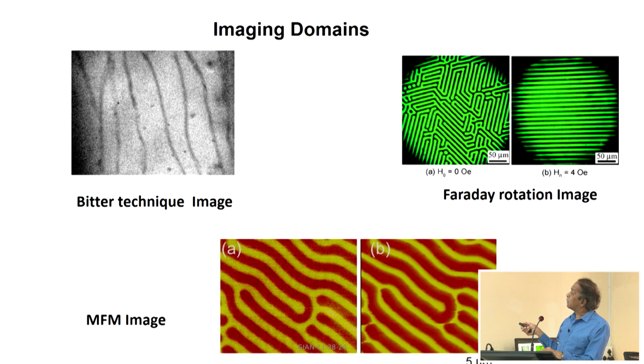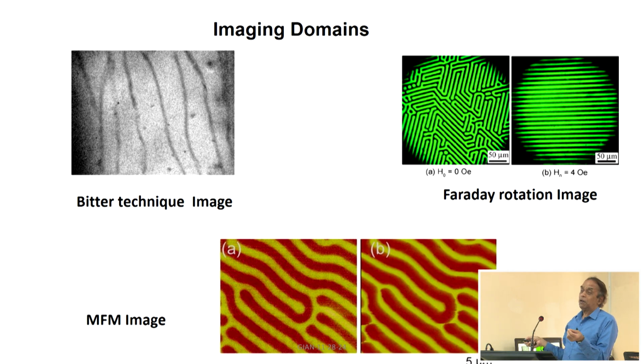These are what are called 180-degree domains, and the sample has an anisotropy perpendicular to the plane. What you see as bright are domains with magnetization up, the dark ones are domains with magnetization down. These are the 180-degree domains that we saw earlier, seen in the Faraday rotation imaging. This is usually a yttrium iron garnet, I am pretty sure.